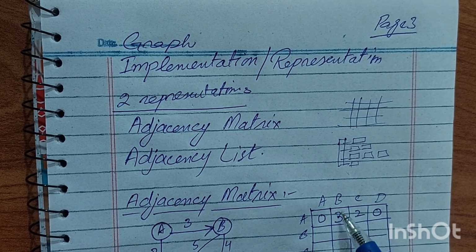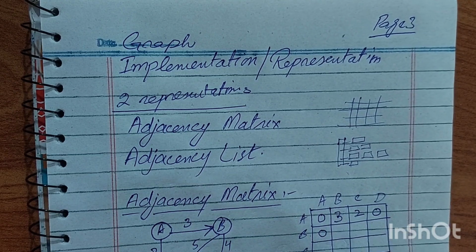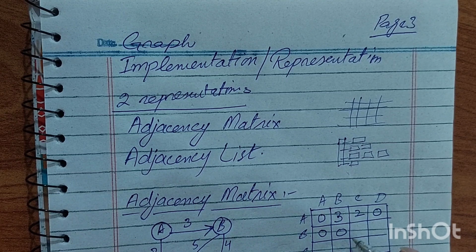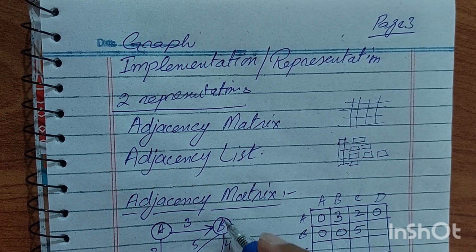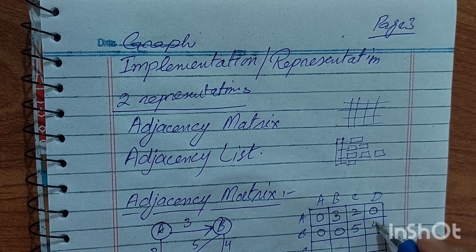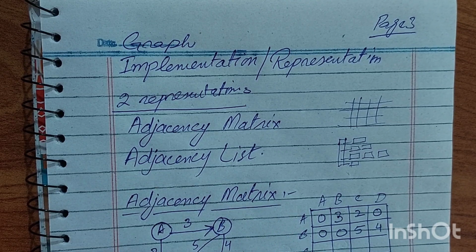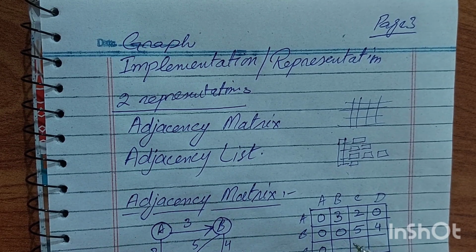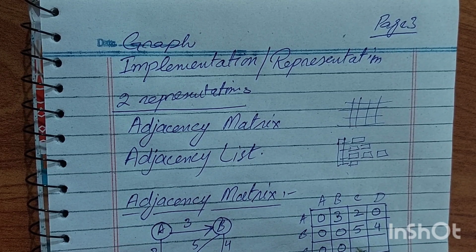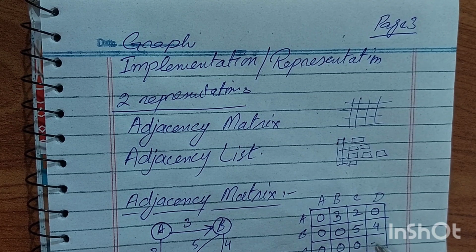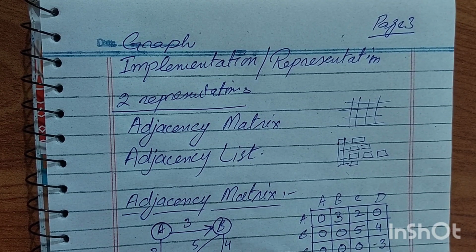And the other one is b. From b to a there is no edge. From b to b there is no edge. From b to c there is an edge having cost 5. From b to d there is an edge having cost 4. In the same way, coming to c, there is no edge from c to a, so that is 0. C to b there is no edge. C to c there is no edge, and c to d the cost is -3.